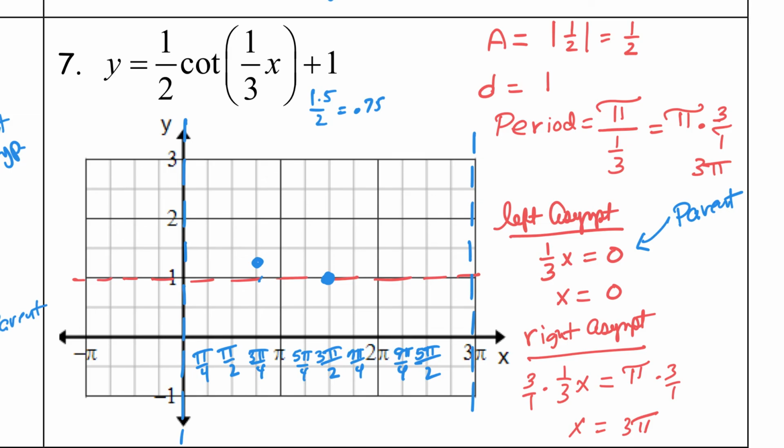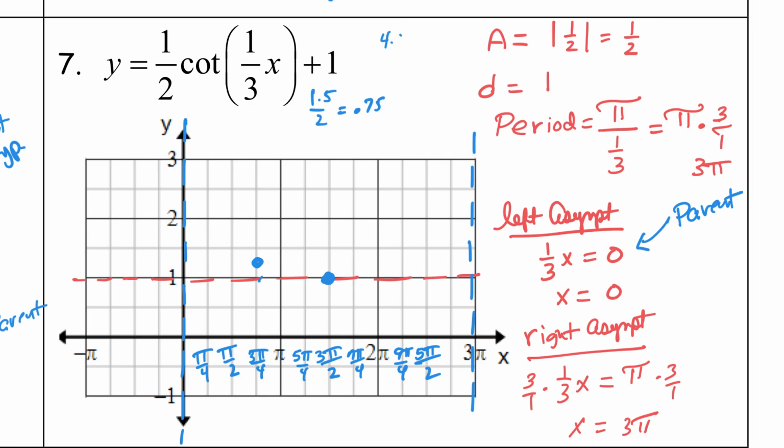And in between 3 pi over 2 and 3 pi, which is 1.5 plus 3, if I do that, 1.5 plus 3, I get 4.5.